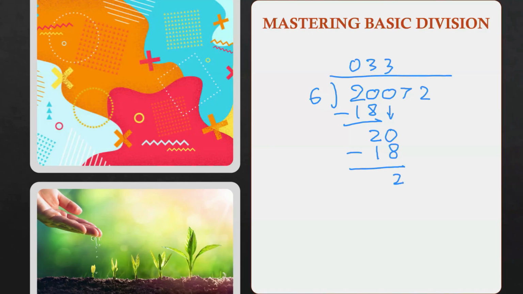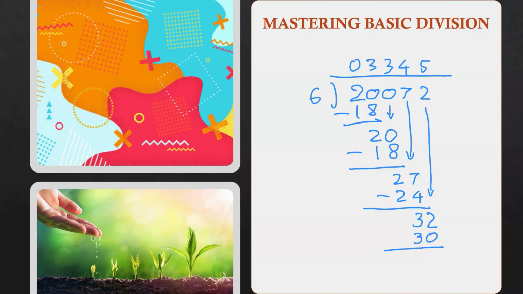Now 7 comes down. So we have 4 times. 4 times 6 is 24, we subtract, then we have a 3. Now a 2 comes down. There we go. Now 6 goes into 32, you have 5 times. 5 times 6 is 30, you subtract and you get 2.